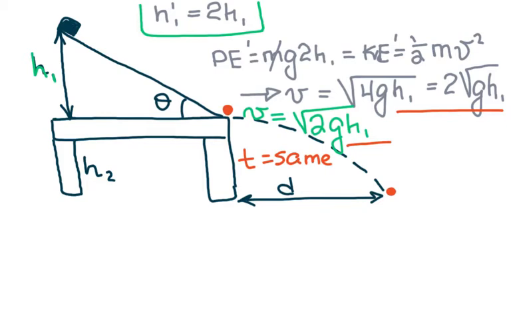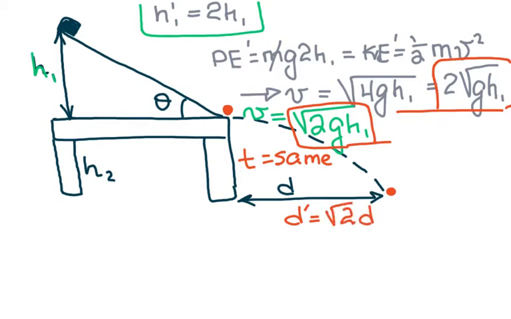So the time is the same, but the velocity is larger for the one with the increased height. That means it will land farther away, but not twice as much, because the difference between this velocity and this velocity is the square root of 2. So the new distance would be the square root of 2 times the old distance.